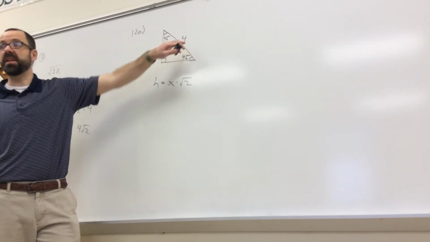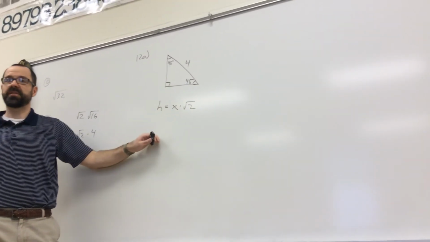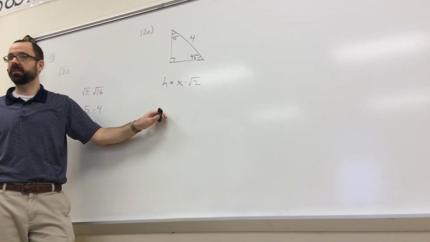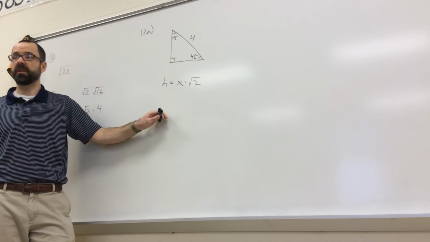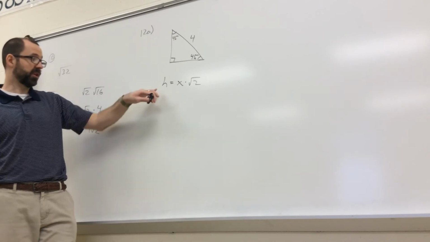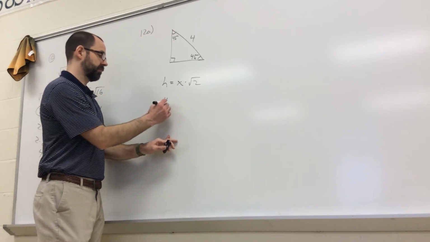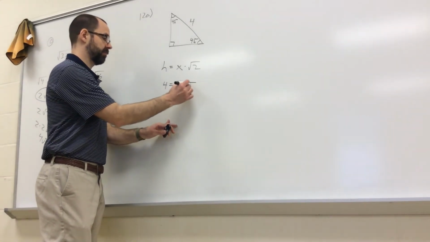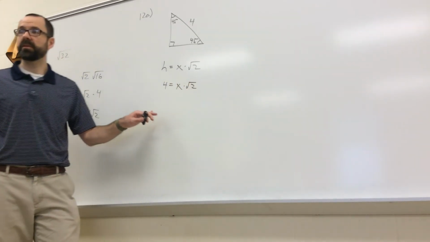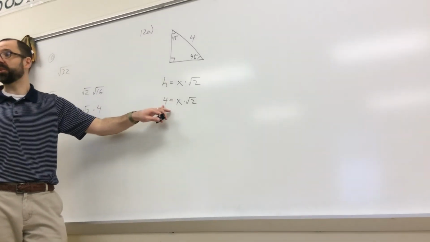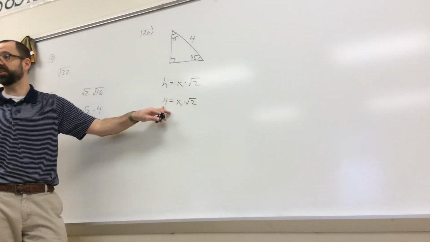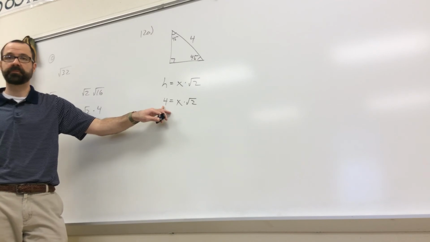So the 4 that they gave us, is that the leg or is that the hypotenuse? It's the hypotenuse. So it goes for h in the formula. So I've just plugged in 4 for the hypotenuse, because on this particular triangle they told me the hypotenuse is 4.